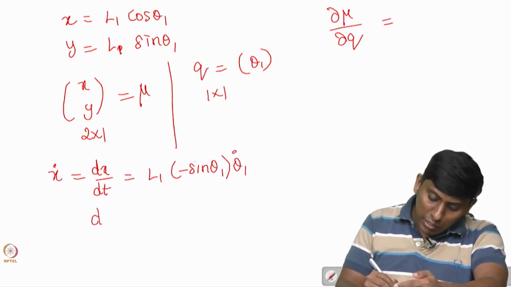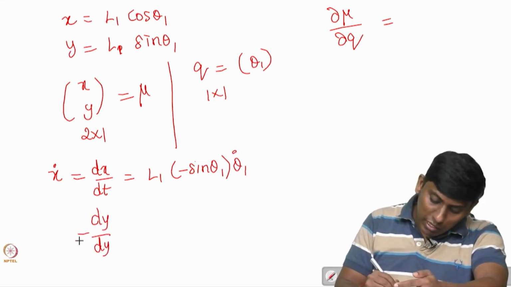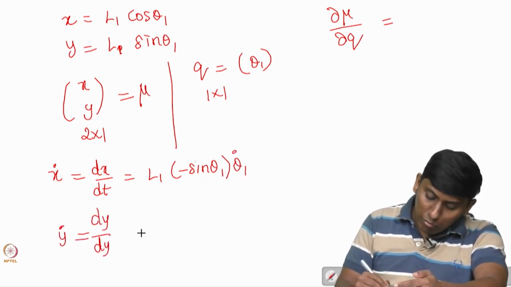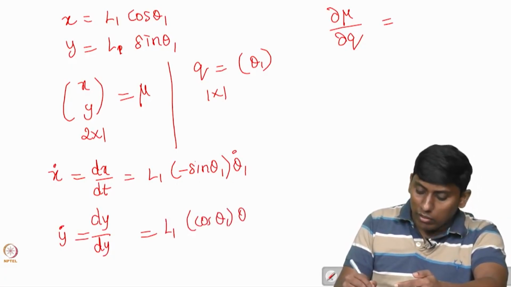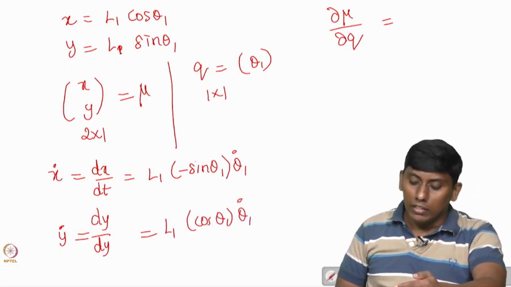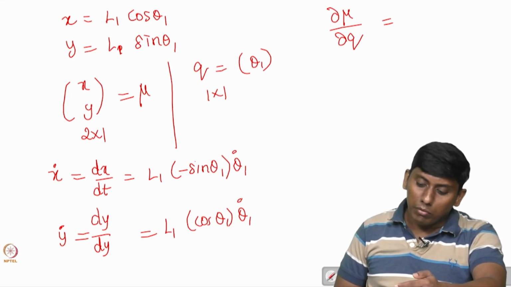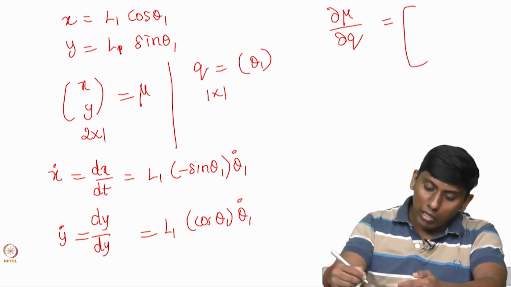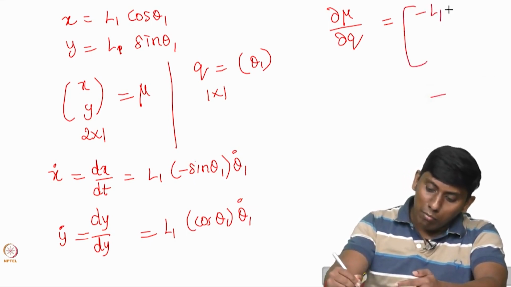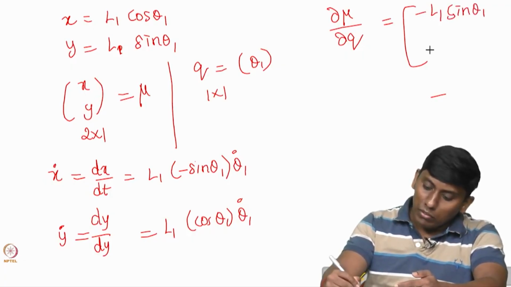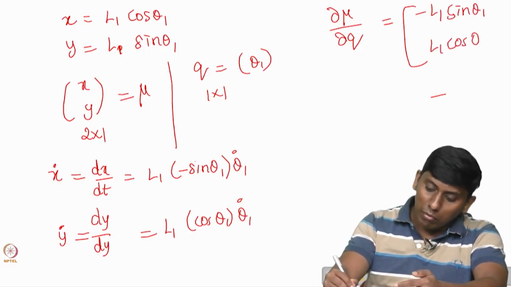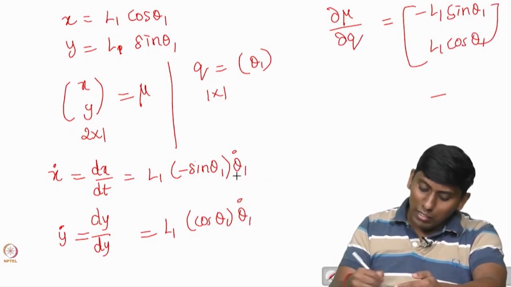And dy by dt, which I call y dot, dot meaning differentiation, is L1 cos theta 1 and theta 1 dot. If I take a partial derivative, what will come? This will come as minus L1 sin theta 1, and this L1 cos theta 1. Now you can see these two are the same.